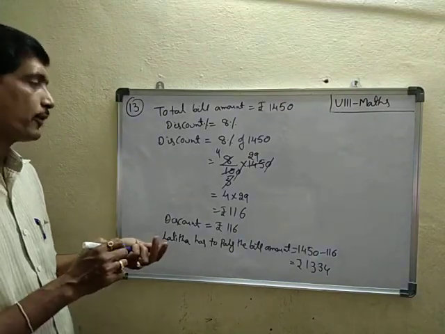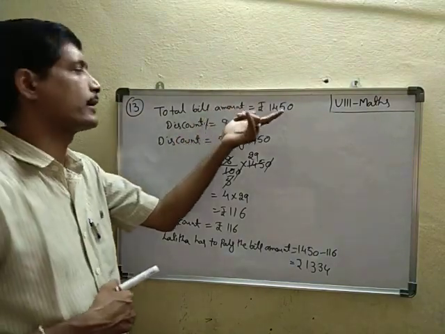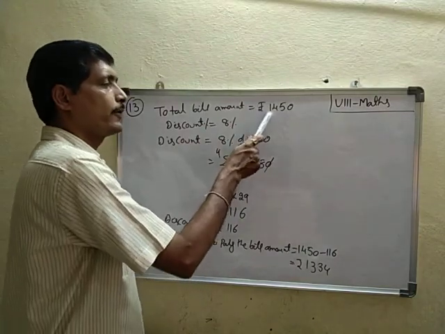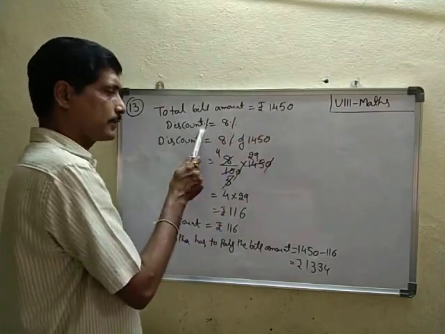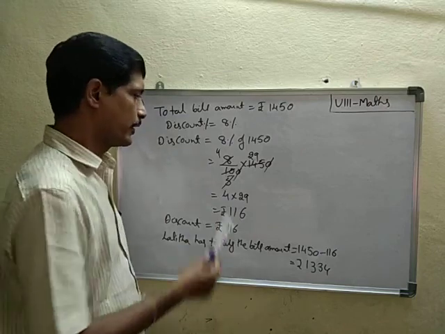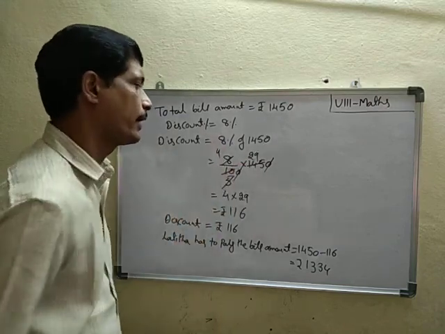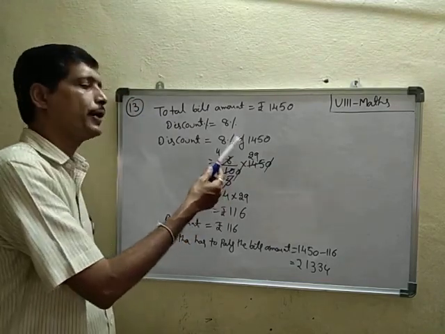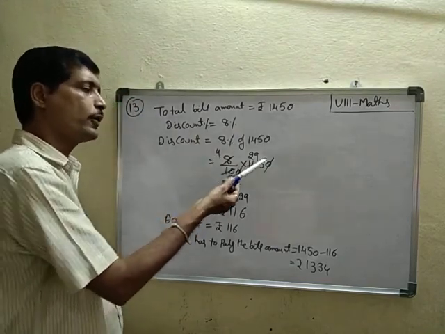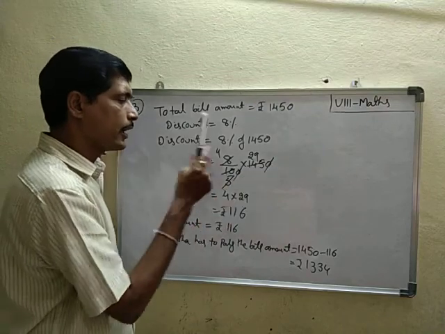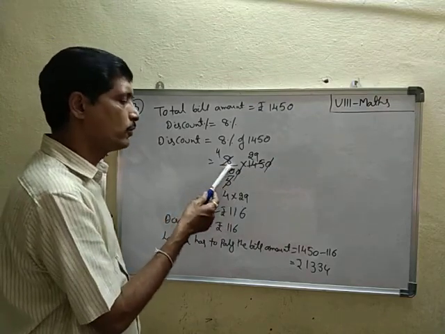Therefore here one more time. Here total bill amount with including VAT and everything, that rupees equal to 1,450 rupees. Discount percentage that is 8% is given. Therefore discount equal to 8% of 1,450. That equal to 8 by 100 into 1,450. Here 1 0 get cancelled. Next 2 table, 2 4s, 2 5s.